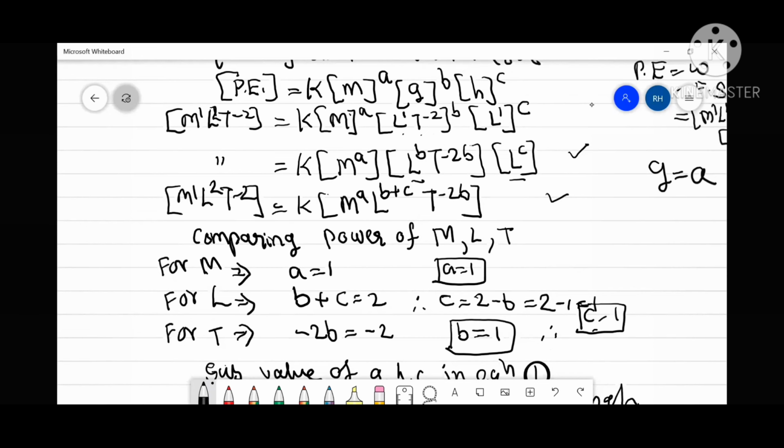Therefore b is equal to 1, a is equal to 1. Now remains only the c, and in the second term, that is for L, c is there, that's why b plus c is equal to 2, c is equal to 2 minus b, and b value is already calculated, that is 1. Substitute here, 2 minus 1 is equal to 1. That's why c is equal to 1.